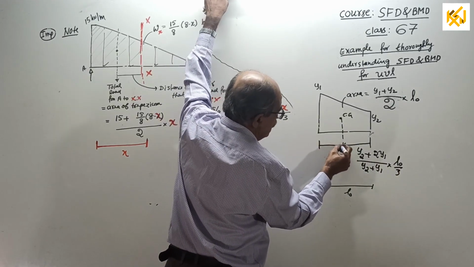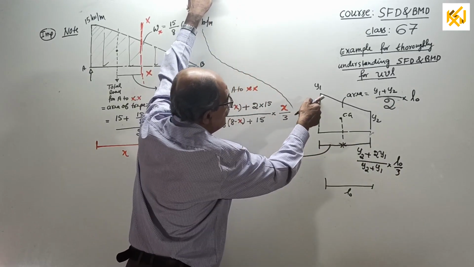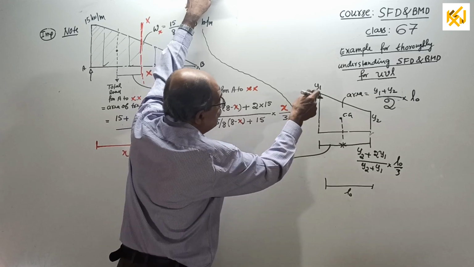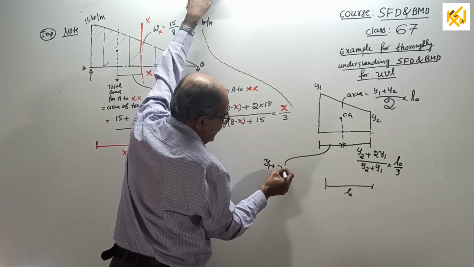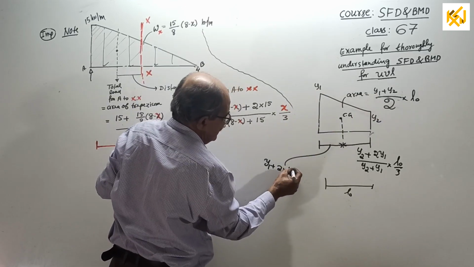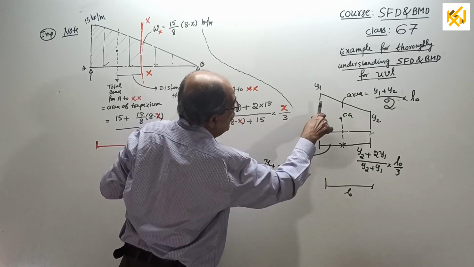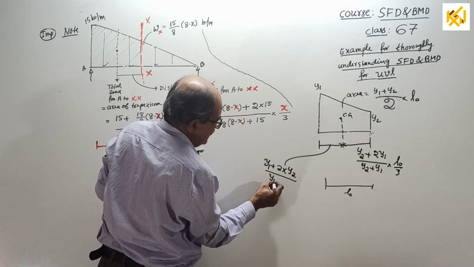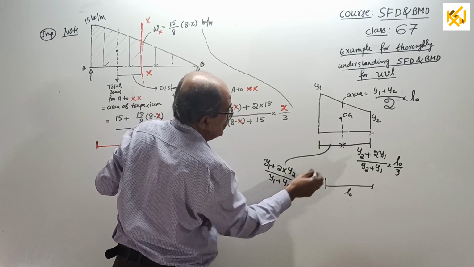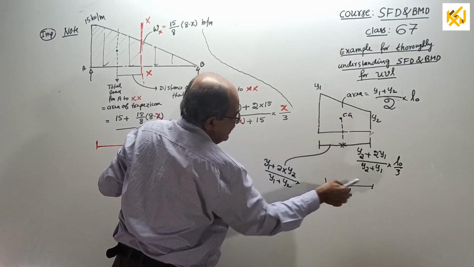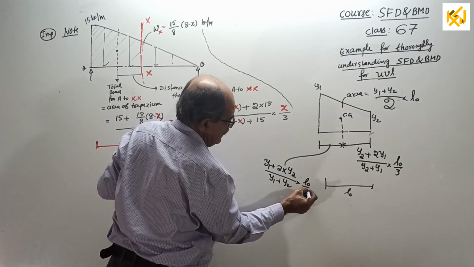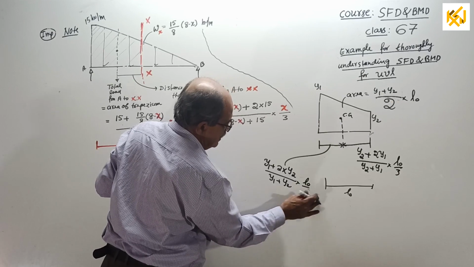Now suppose I want it from this side. Then start from here: Y1, that parallel side, plus twice the other parallel side Y2, divided by the sum of the two parallel sides Y1 plus Y2, into the distance between the two sides, L0 divided by 3, not 2, divided by 3.